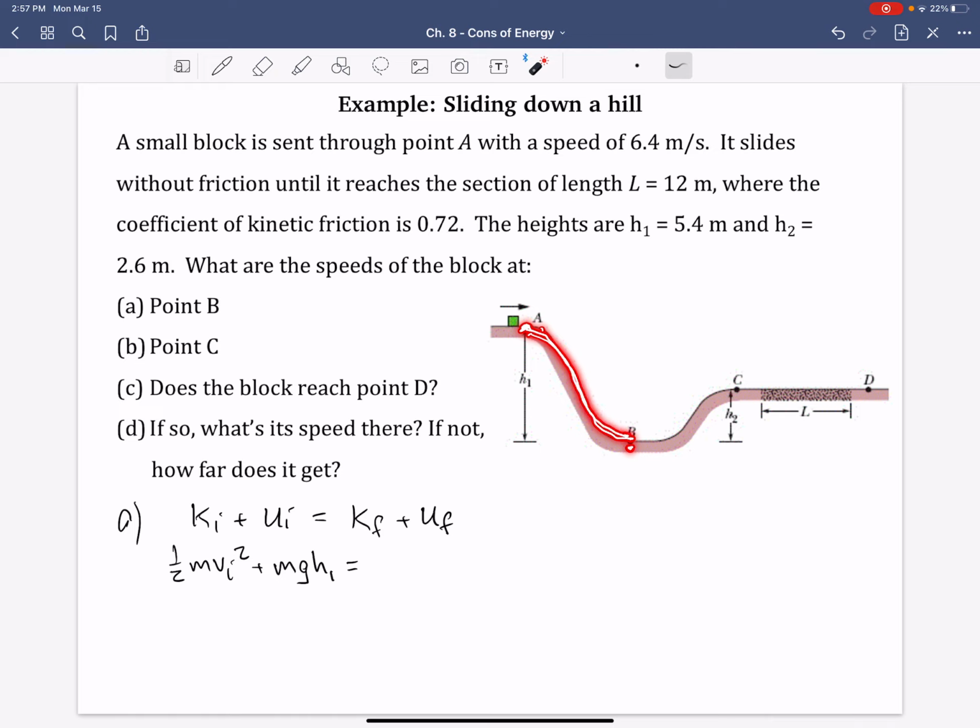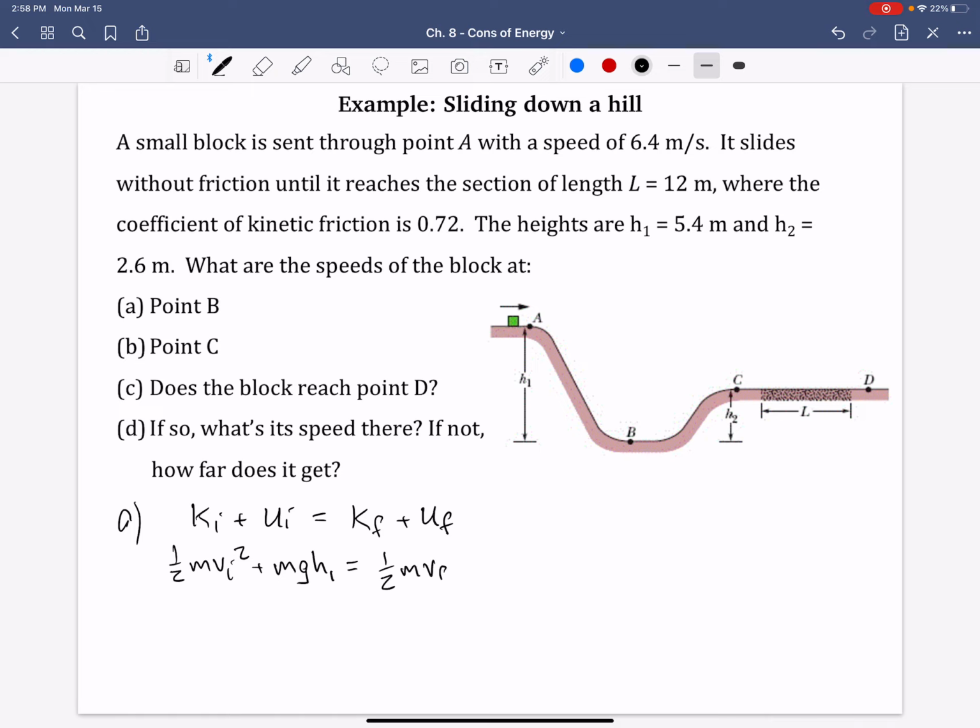Thus, more and more potential energy is being converted. But again, the change from initial to final is equal to zero. The total energy at A is whatever it is, some number, but that's equal to the total at B. Those are the same numbers.